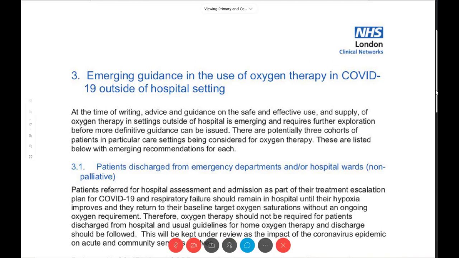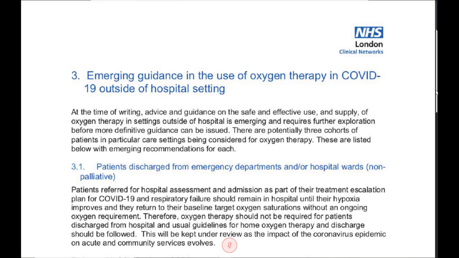Section 3 is about the use of oxygen, which is causing a lot of issues at the moment. In patients that are discharged from hospital, as we said, they may be discharged hypoxic, so they may have saturations of between 90 to 92% when they're discharged, but they would have been stable for a couple of days before they were discharged, and their general clinical state will be improving.